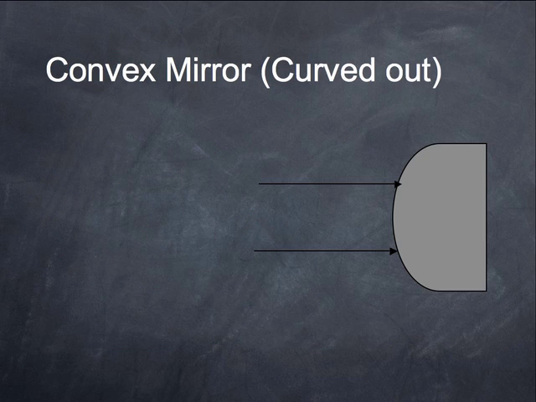Now, we also have a couple types of mirrors that can be used to change light in predictable ways. So, convex mirrors. Convex means curved out. Okay? Convex mirror. If you think about it, as this incoming light ray comes into this curved surface, which way is the normal going to go?